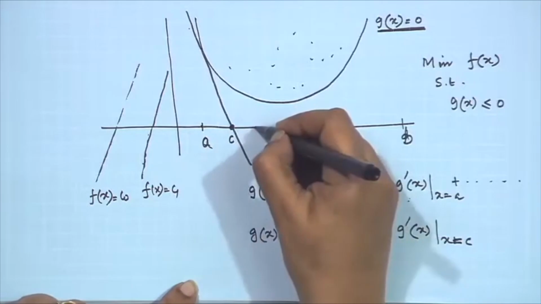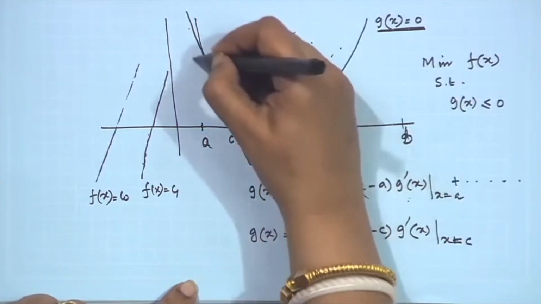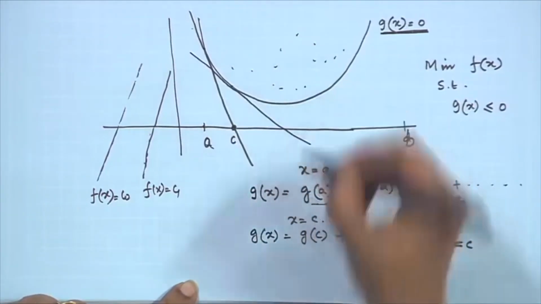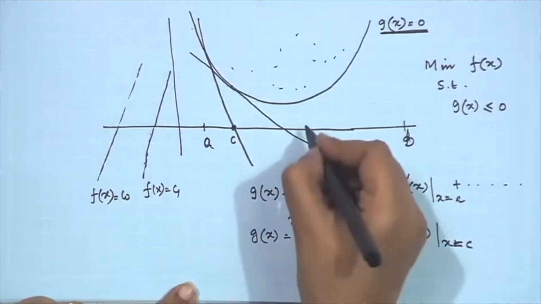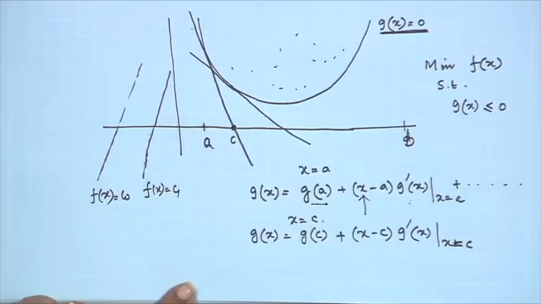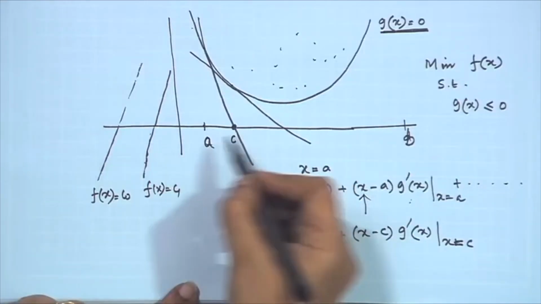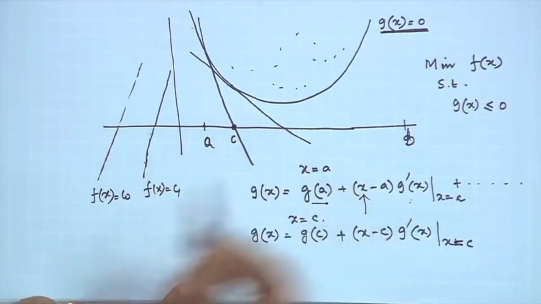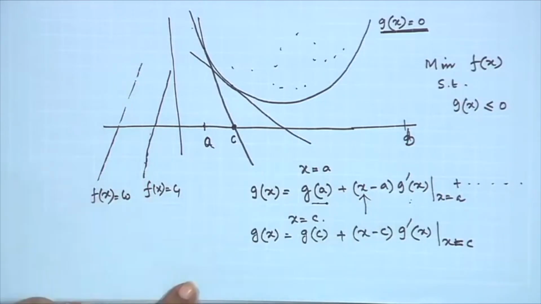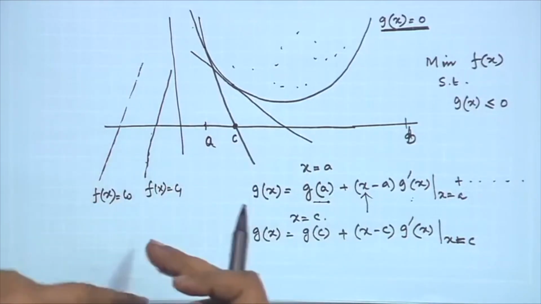Then at this point we will have another linear approximation of g x. Clear? This is the linear approximation of g x through Taylor's theorem, the Taylor series, and as the objective function moves further and further, we will get the optimal solution. In this way, minimization or maximization we will handle.